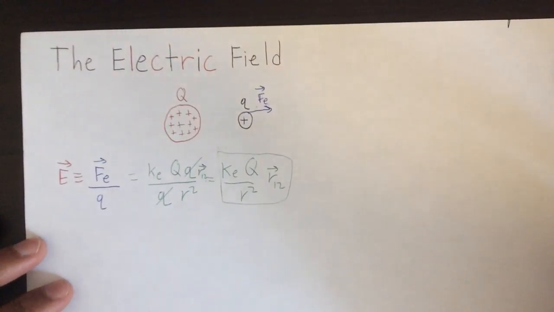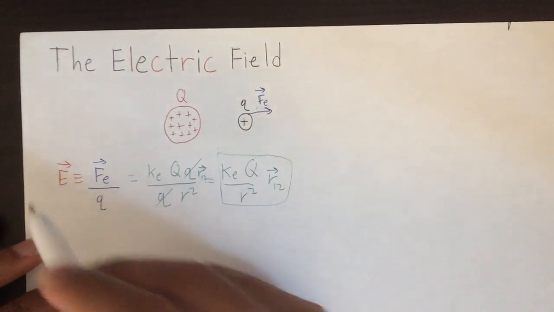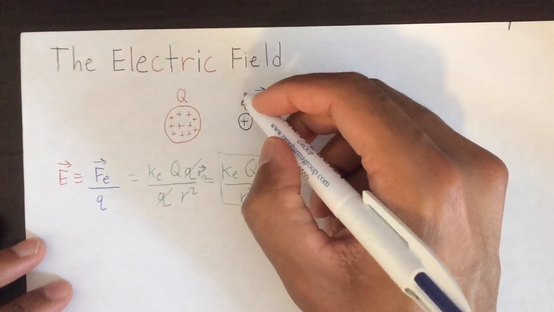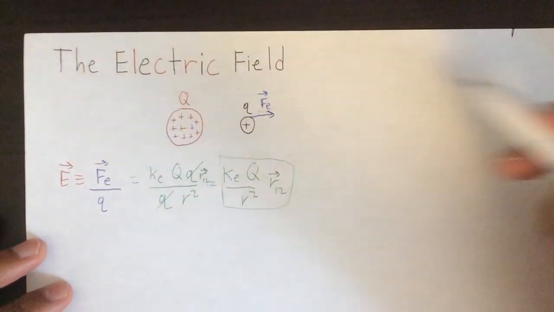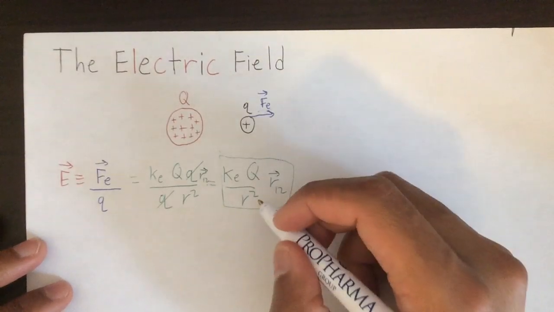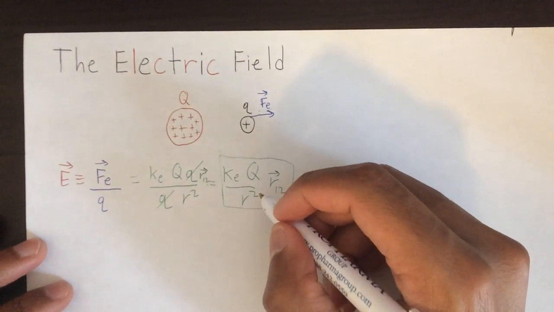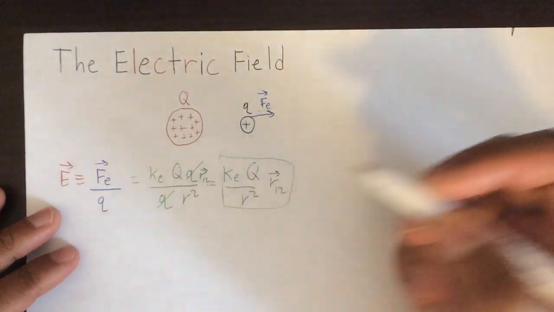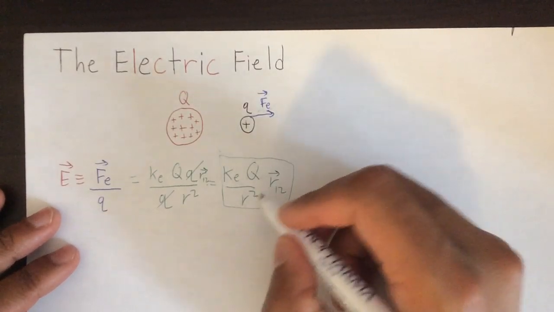One thing to note is that the electric field is independent of whatever charges are around this big Q charge. In this particular case, Ke and Q are constant, while r squared varies.